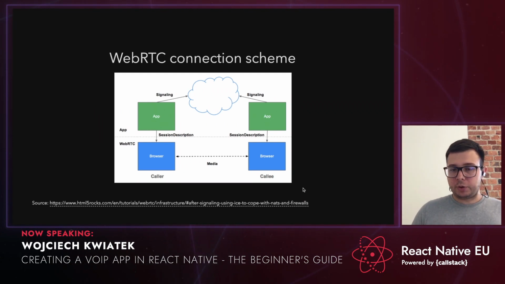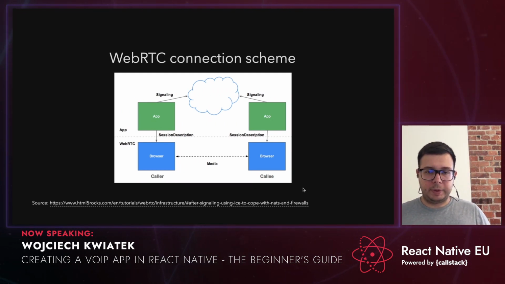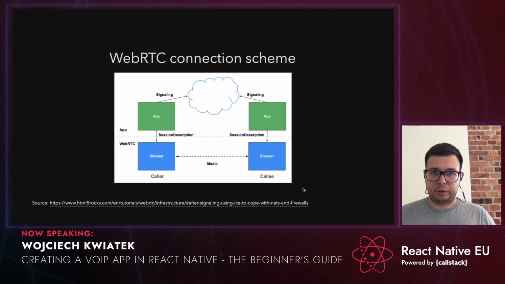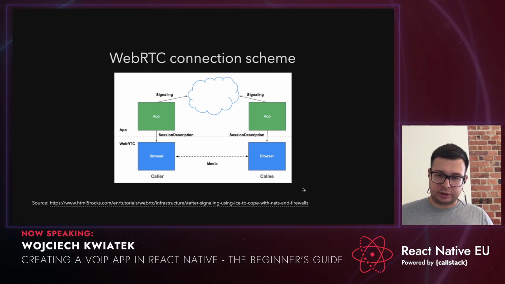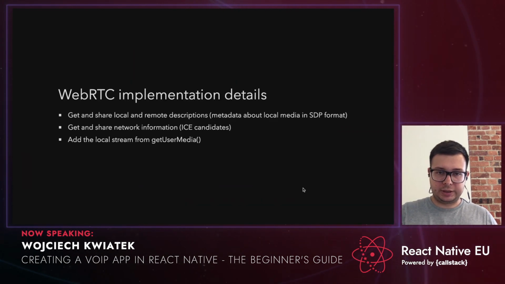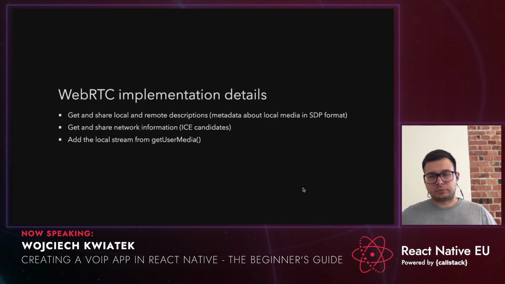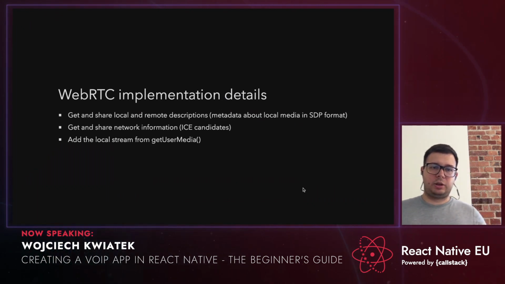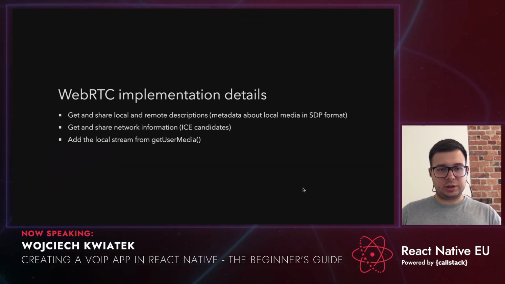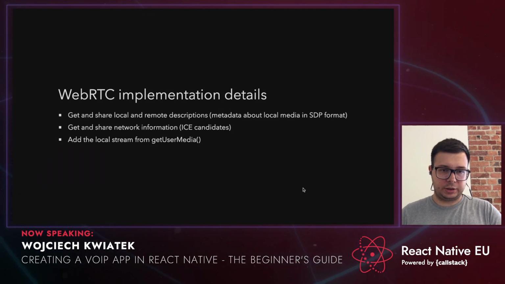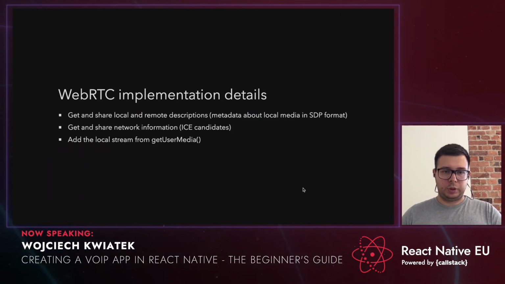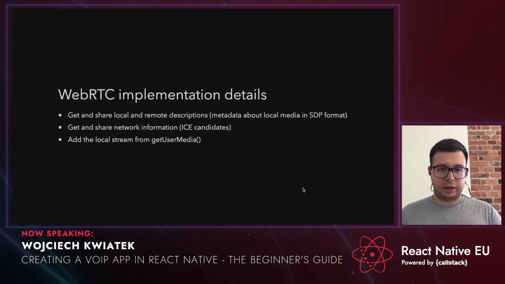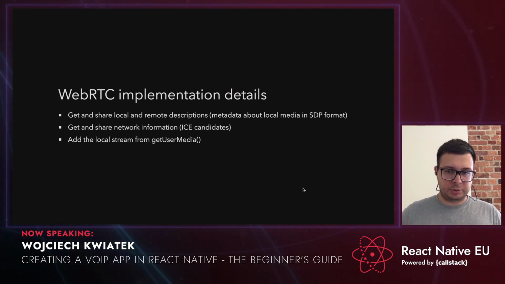However, before you send the media between two peers, you will need to set up the connection, and that's where this middleware kicks in. Okay, so we have here a high-level implementation of the WebRTC connection. First, we need to get and share local and remote descriptions. So it means that we need to share the metadata about the local media in some specified format.